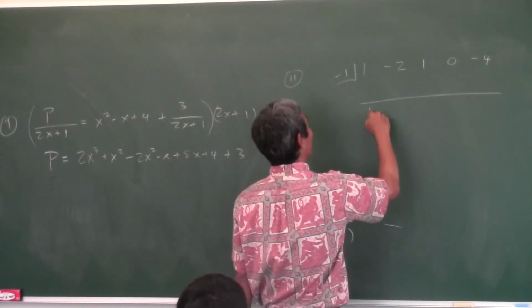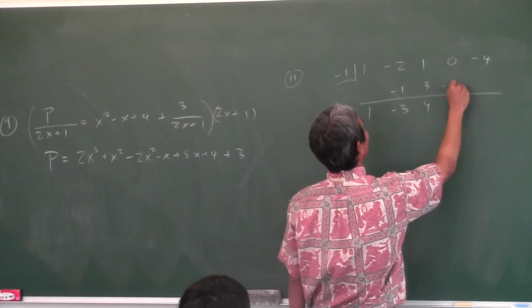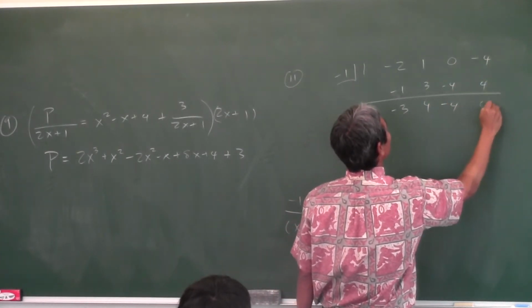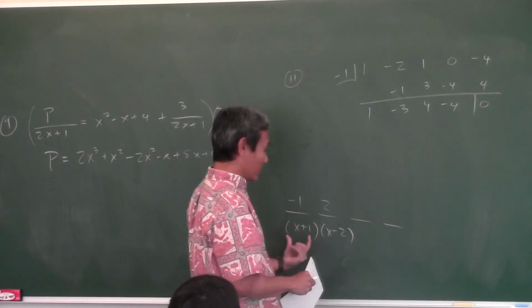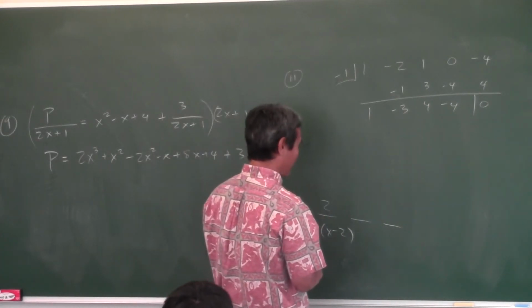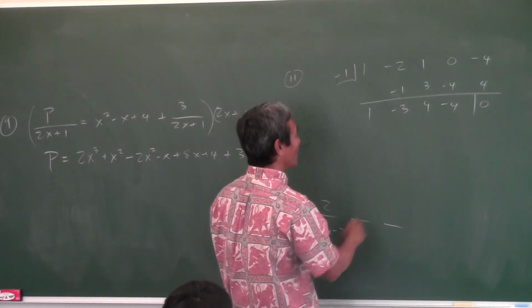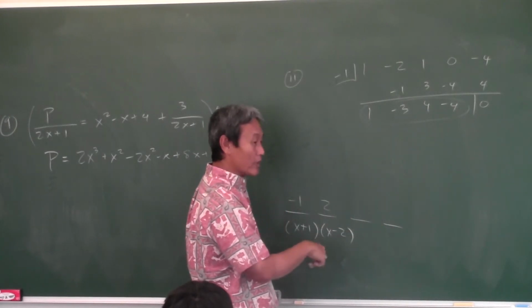So anyway, drop the 1 down: 1, -1, -3, 3, 4, -4, -4, 4, 0. See? x minus -1 is one of the factors. What's the other factor? No, this. But I already told you x equals 2 is another root.